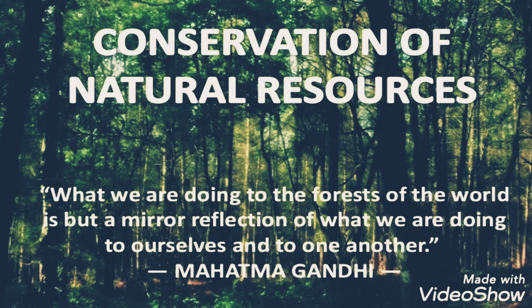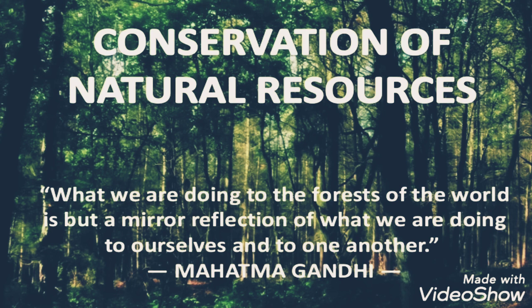Alright, now a great person like Mahatma Gandhi said, what we are doing to the forest of the world is but a mirror reflection of what we are doing to ourselves and to one another. So we must conserve these natural resources, natural vegetation.